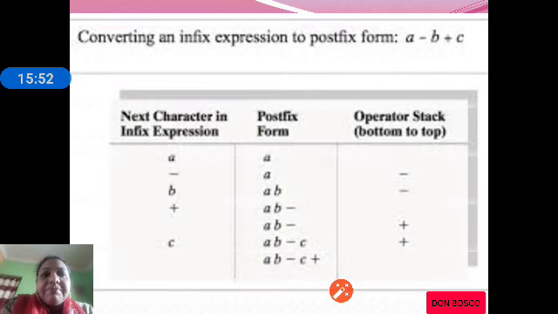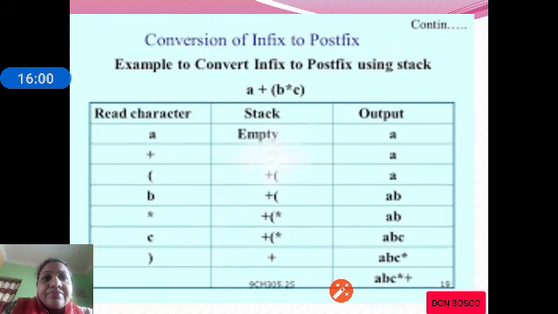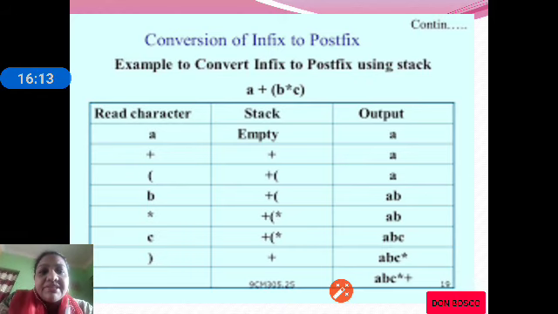We will see another example. Here we have A plus, with a parenthesis. Now this example has a parenthesis. What happens when we have a parenthesis?